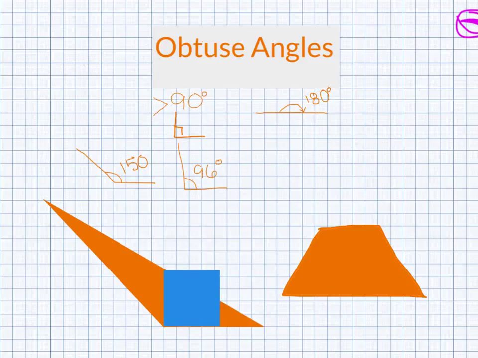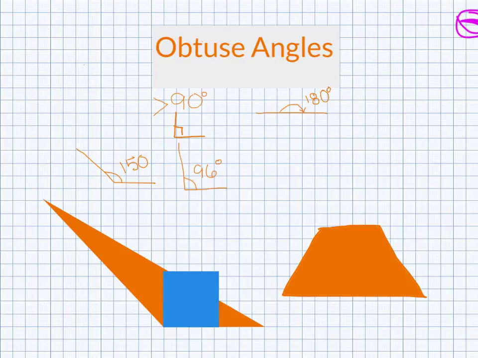And then I put the square right on top of it. I can see this section of orange still showing, which means this 90 degrees takes up part of it, but there's more than just 90 degrees here.